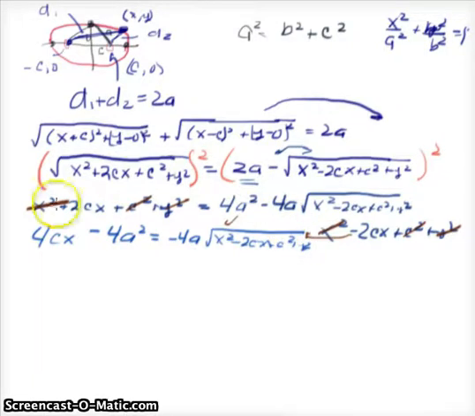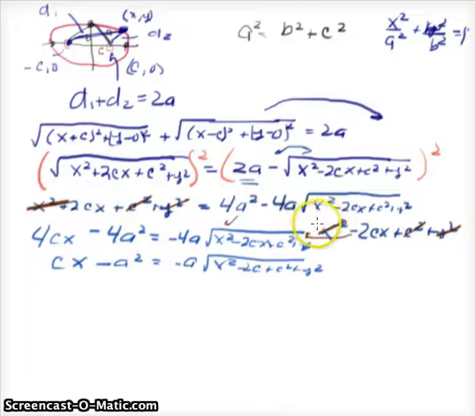Okay, we're going to divide everybody by 4 to make life easier. So here I have cx minus a squared is equal to negative a times the radical of x squared minus 2cx plus c squared plus y squared.